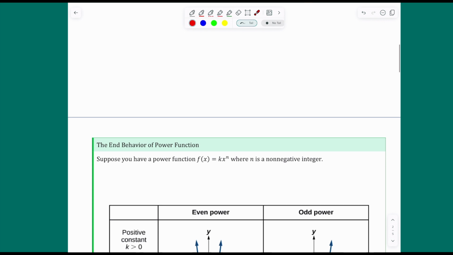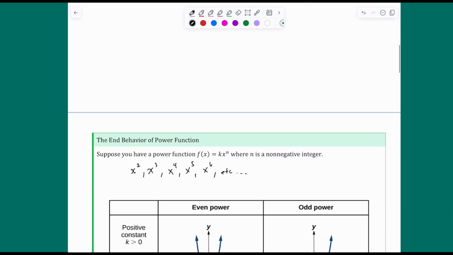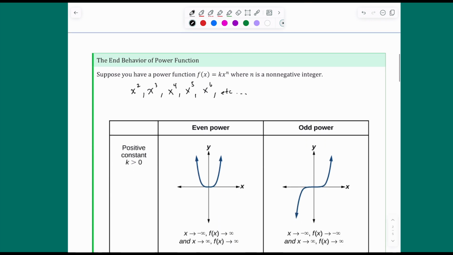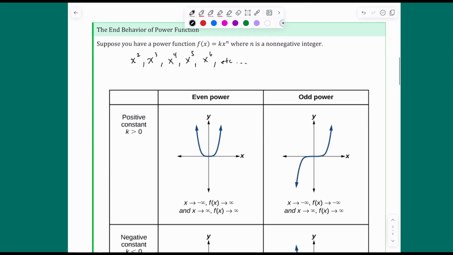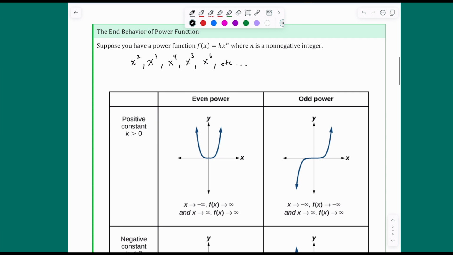Okay, suppose you have a power function, f of x equal to k times x to the n, where n is a non-negative integer. Some examples of that are x squared, x cubed, x to the fourth, x to the fifth, x to the sixth, etc. Okay, and so we have this little chart here which describes the end behavior of power functions.